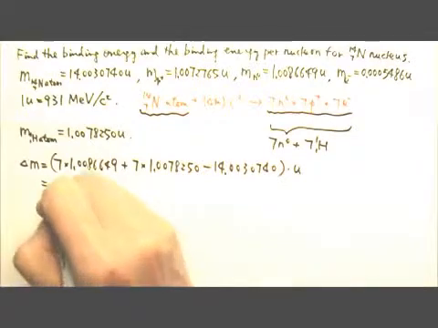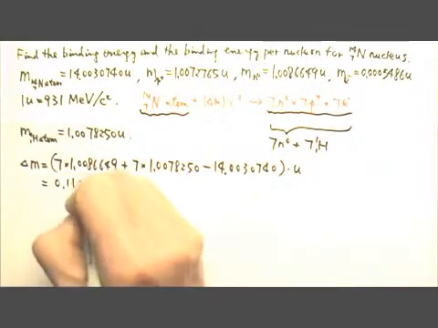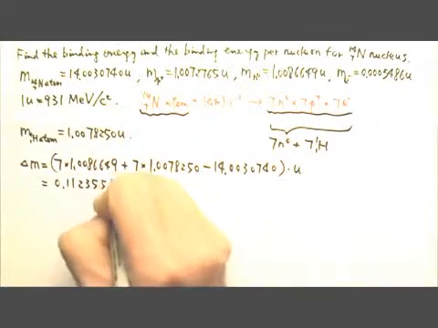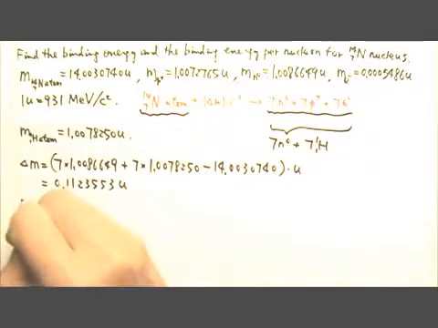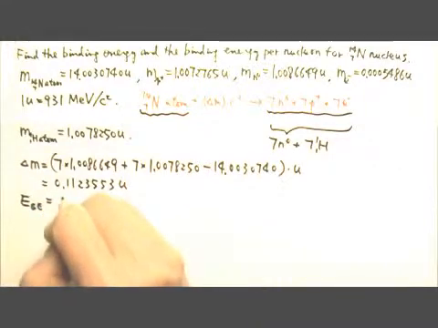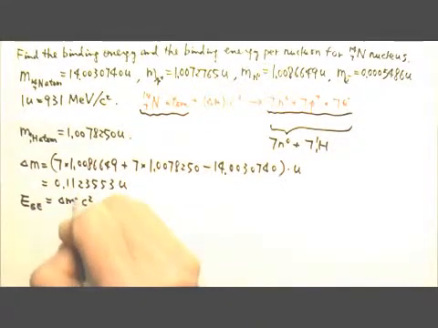This will give me 0.1123553 U, and therefore the total binding energy would be the delta M times C squared.